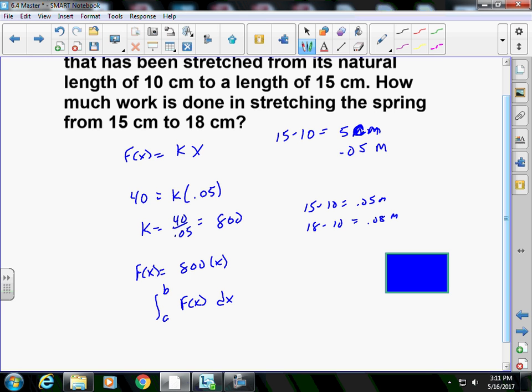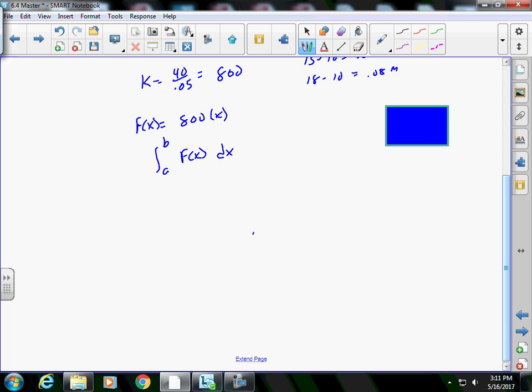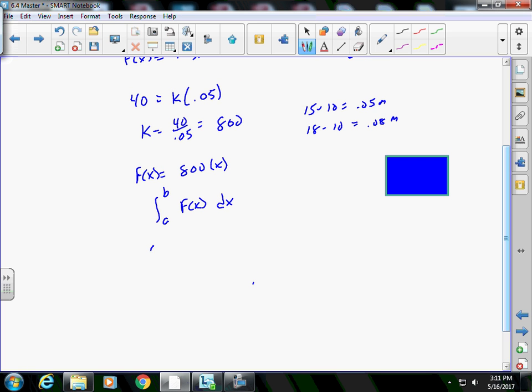So now we know how far, because remember, we have to convert these from centimeters to meters. So now we're going to substitute our values in. We're going to go from 0.05 to 0.08. Our function is 800 x dx. And again, A is 0.05 meters. B is 0.08 meters.